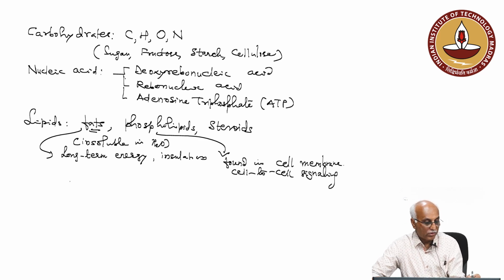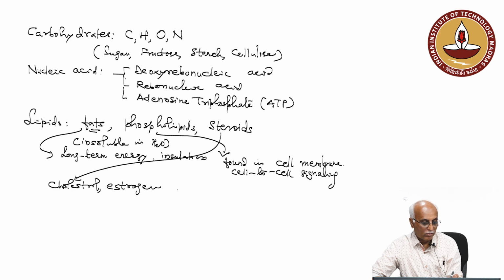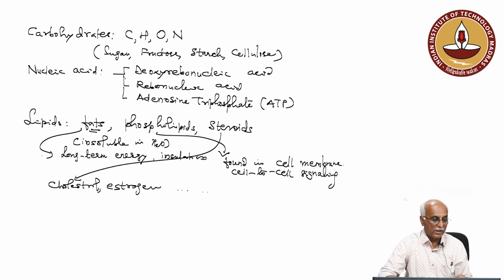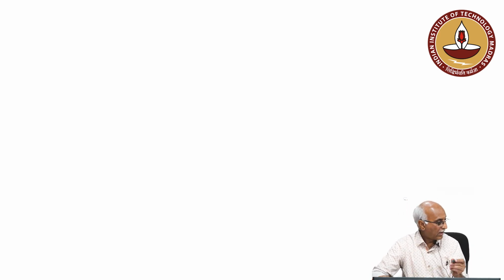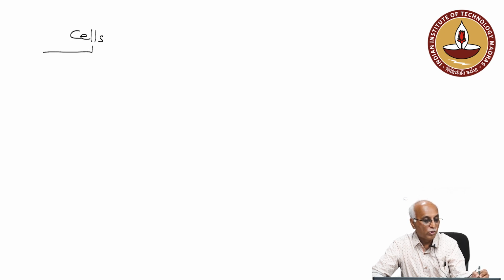And steroids are basically cholesterol, estrogen, etc. They also provide some immediate energy. So these are all various components associated with the cell as such. And biological cells are mainly of two types.